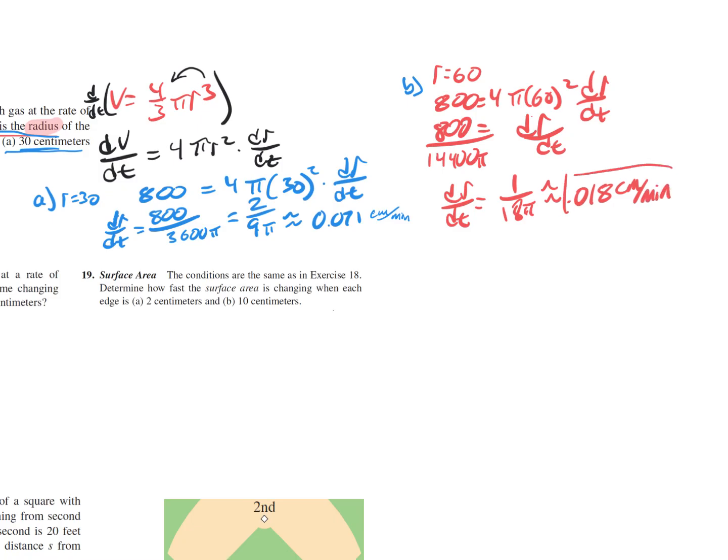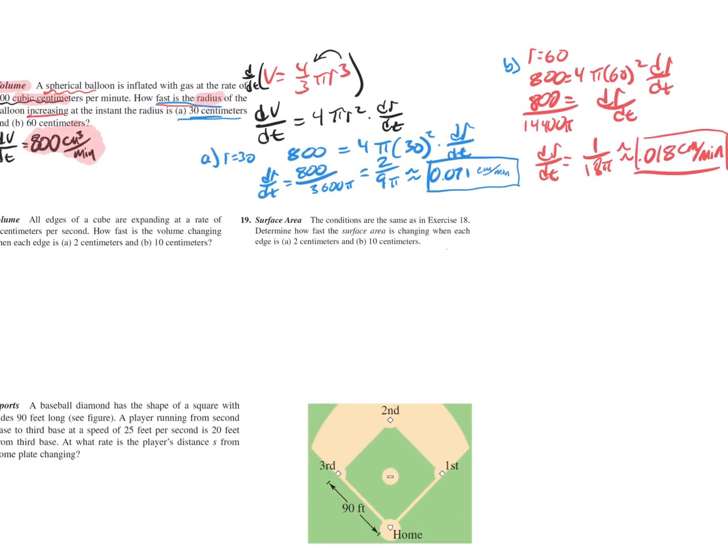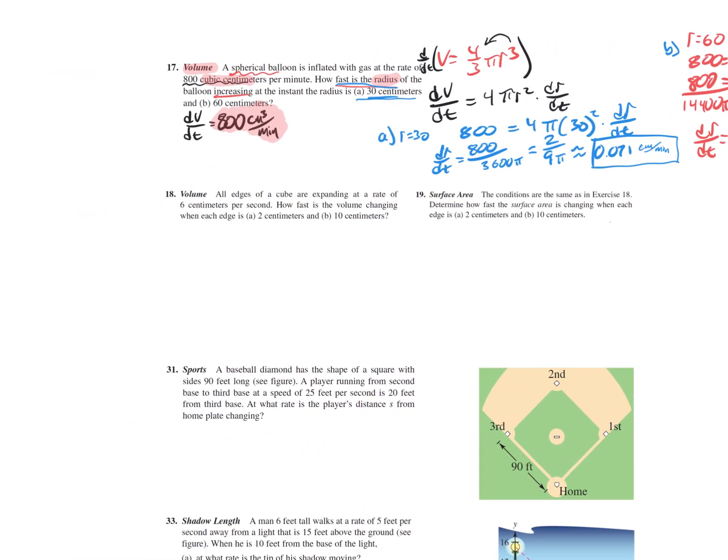Okay, so that's the idea. Once again, big idea: we want to get an equation, this red one up here, that connects the variables. Then we take the derivative with respect to t to get our rates.